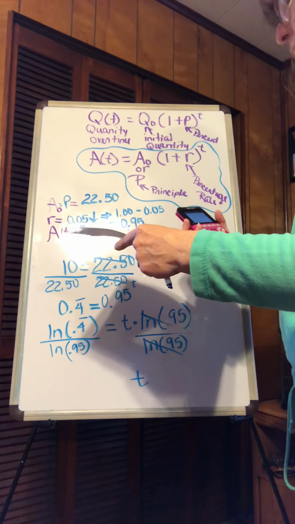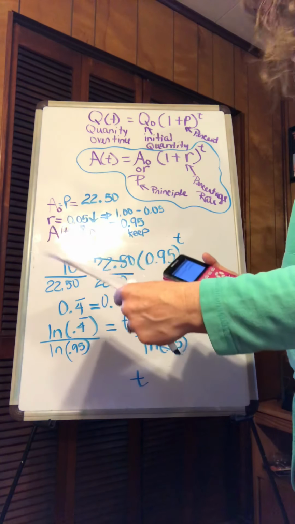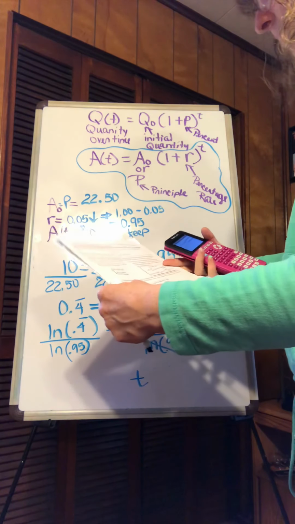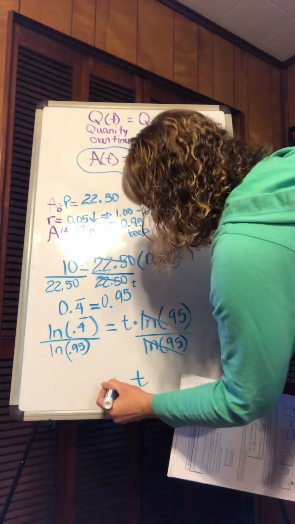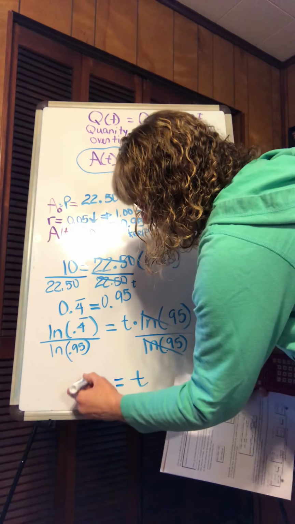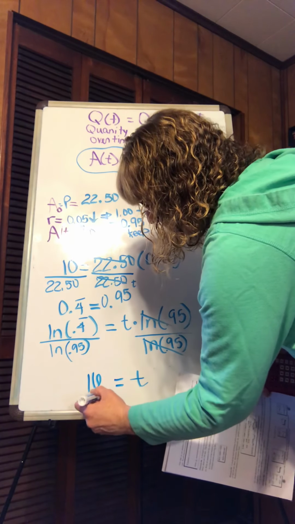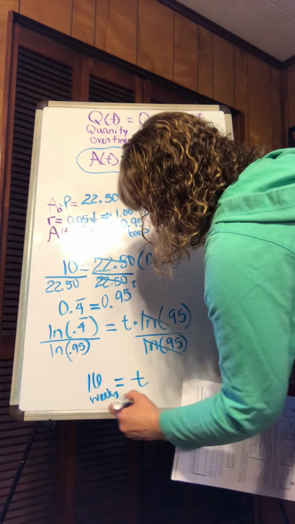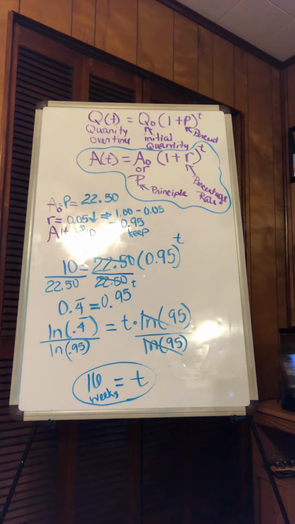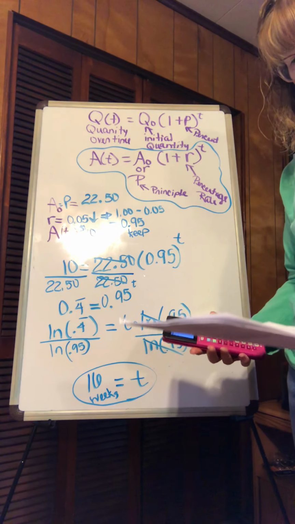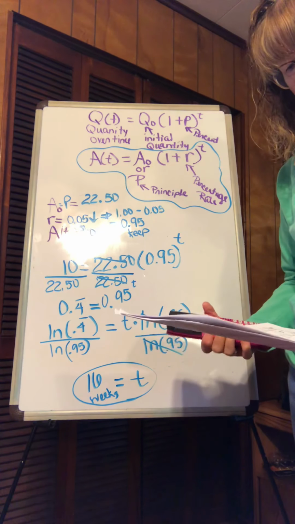And they wanted me to round to, oh, this isn't years, this is weeks, sorry about that, to the nearest week. 15.8 rounds to 16 weeks. Definitely a lot easier when you're using logs.